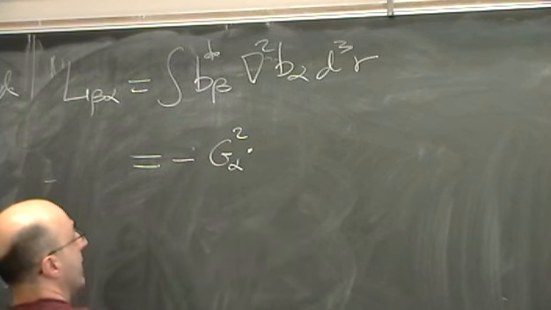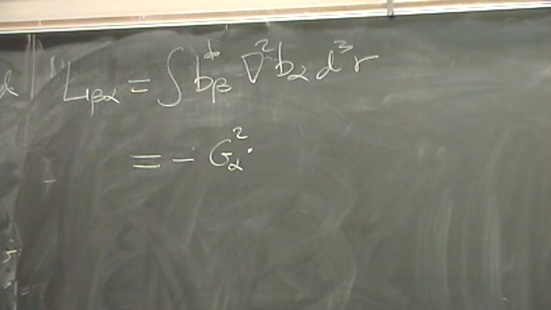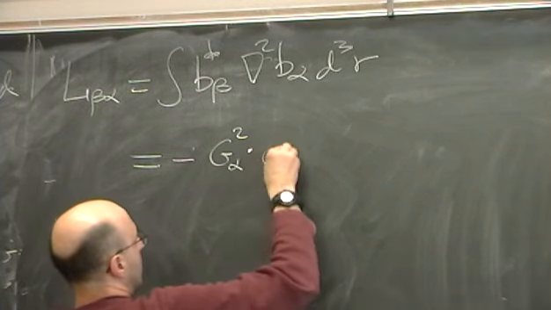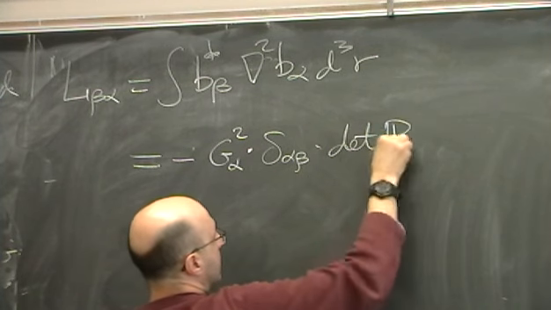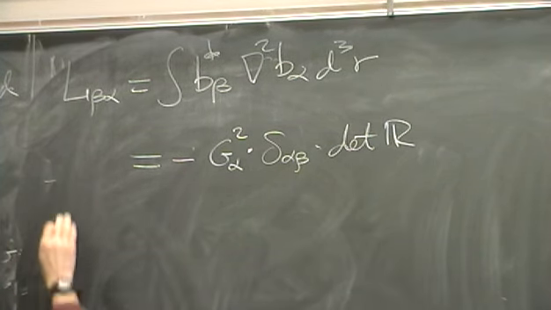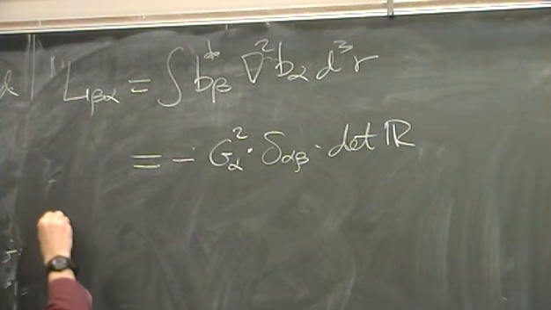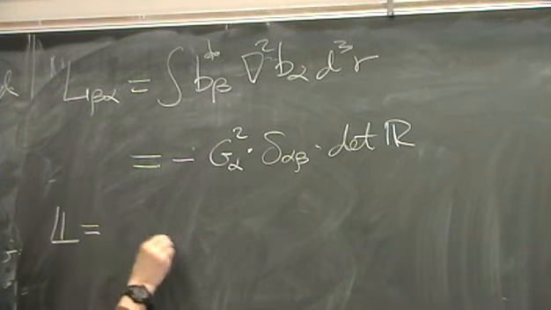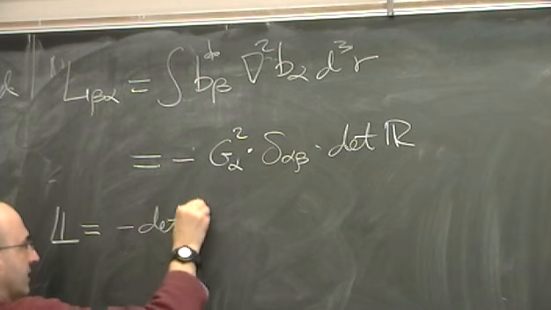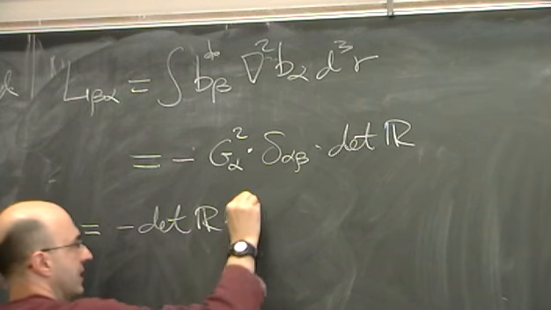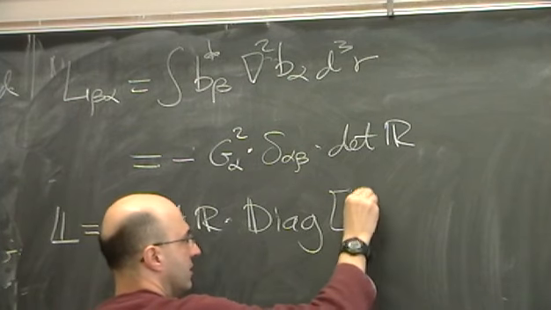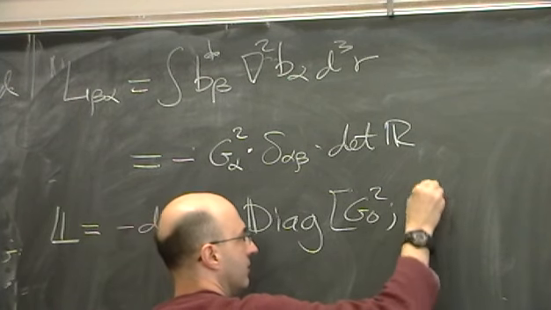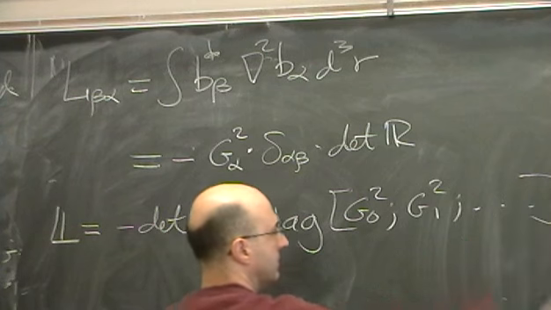You're going to have then just the overlap between them. So that will give you a delta alpha beta times, again, the volume of the cell, determinant of R. So now L is just the same formula, minus determinant of R times, at least on a formal level, diagonal of G0 squared, G1 squared. That's it.